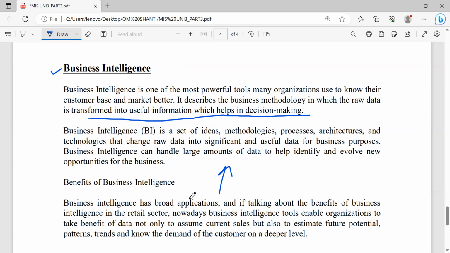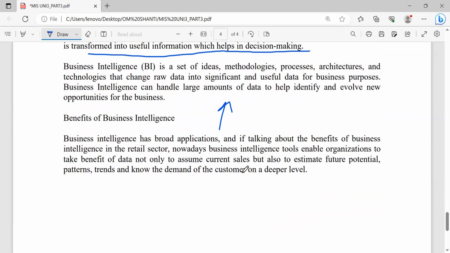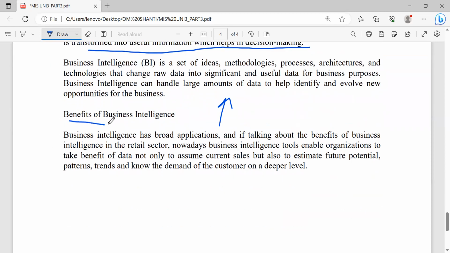बिजनेस इंटेलिजेंस लार्ज डेटा है, उसको इंटेलिजेंटली चेक किया, उसे देखा, कस्टमर के रिव्यू को देखा, कस्टमर के पैटर्न्स को चेक किया, जिससे हमारी बिजनेस की ग्रोथ को बढ़ाया जा सकता है. बिजनेस इंटेलिजेंस के बेनिफिट में अगर हम देखें तो बिजनेस इंटेलिजेंस हैज ब्रॉड एप्लीकेशन.